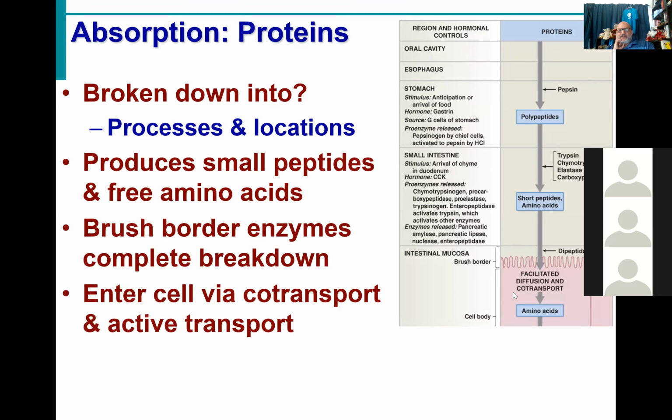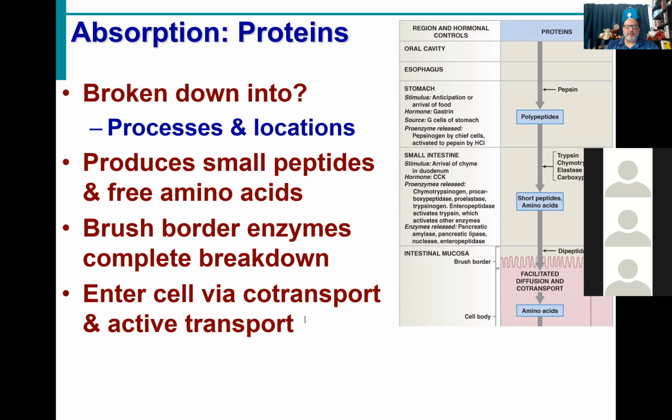Those amino acids cross the plasma membrane primarily via co-transport and active transport. Notice, can there be some facilitated diffusion? Yes, but we are going to use active transport primarily.